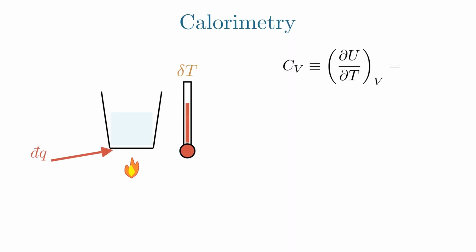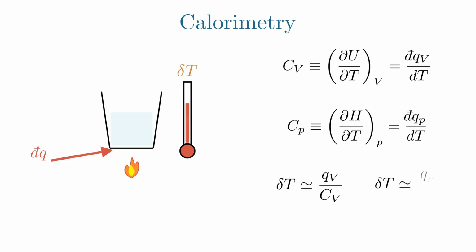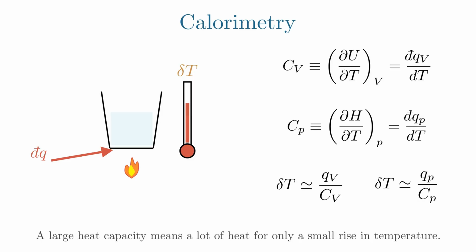There are two types of heat capacities: constant volume heat capacity C_V and constant pressure heat capacity C_P, defined as follows. For a small temperature interval over which the heat capacity is approximately constant, we have ΔT approximately equals Q_V over C_V at constant volume, and ΔT approximately equals Q_P over C_P at constant pressure.